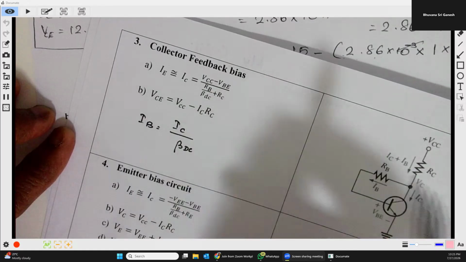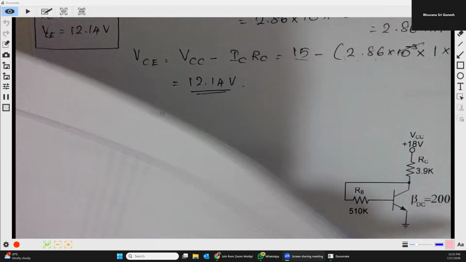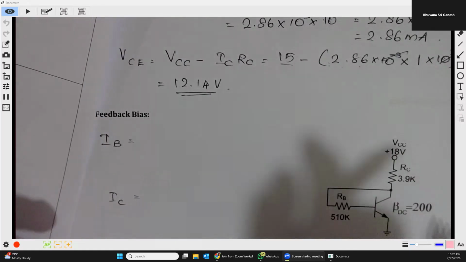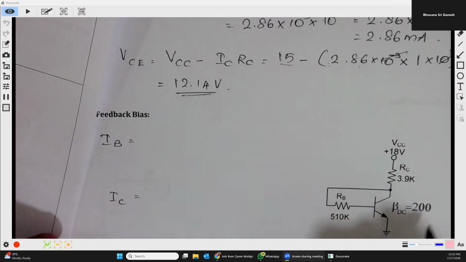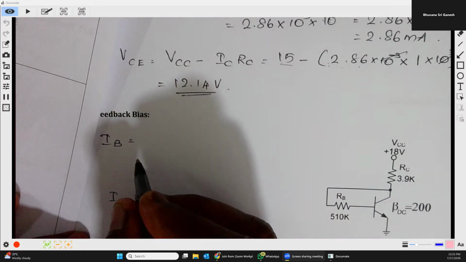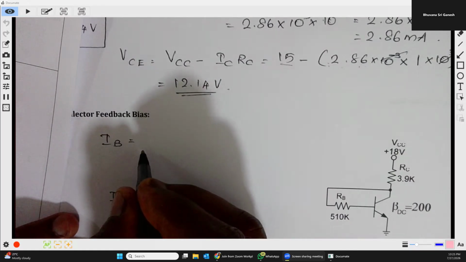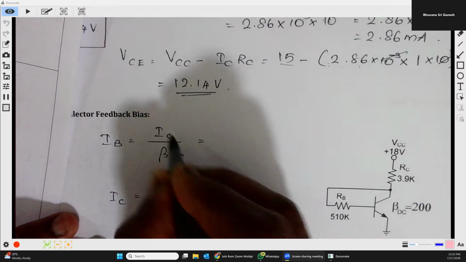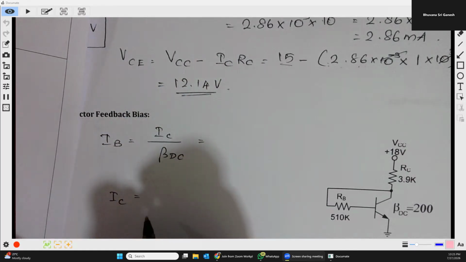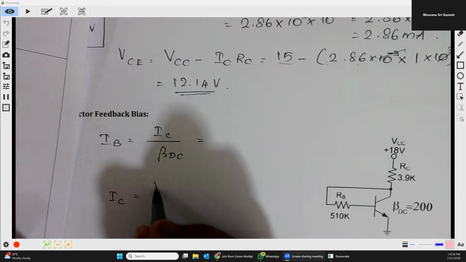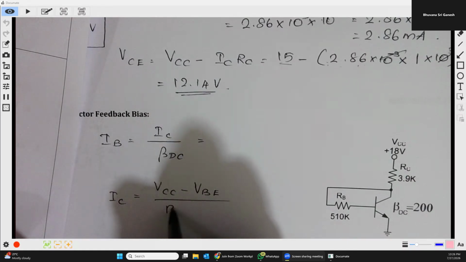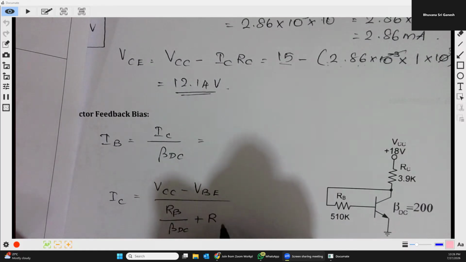Here you have all the required resistance values, voltage values, and beta DC. IB is IC over beta DC, so we cannot calculate IB first, but we can calculate IC.